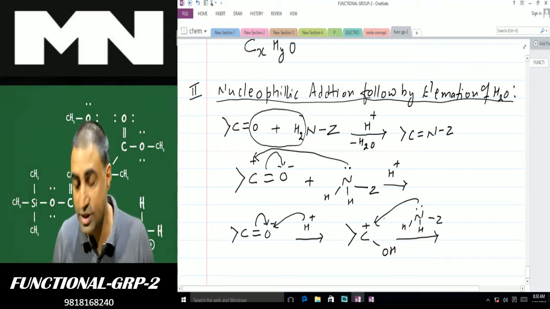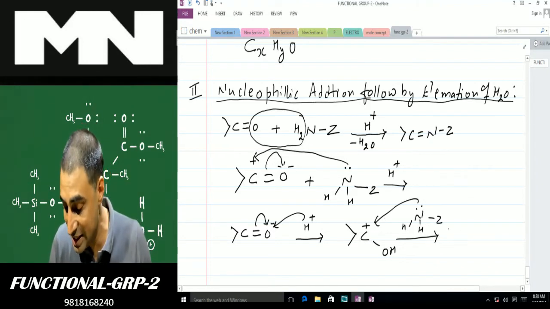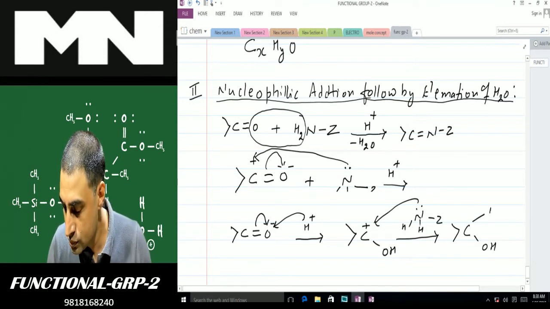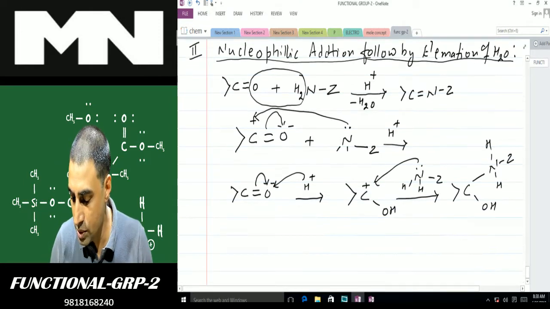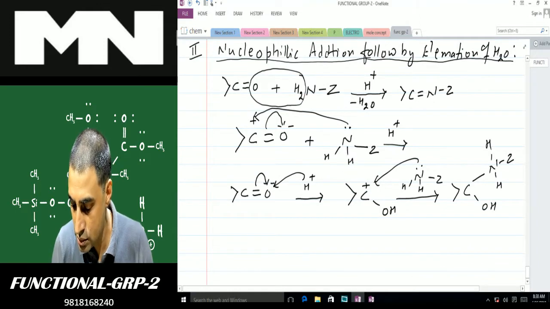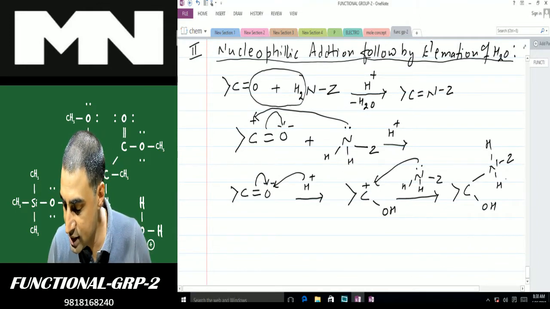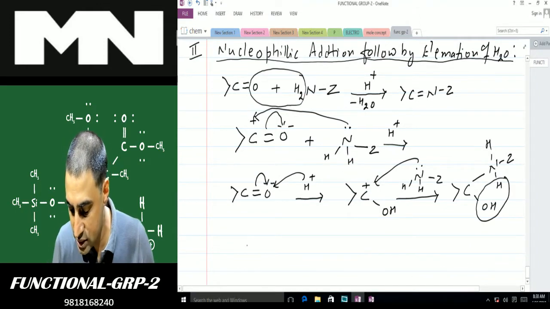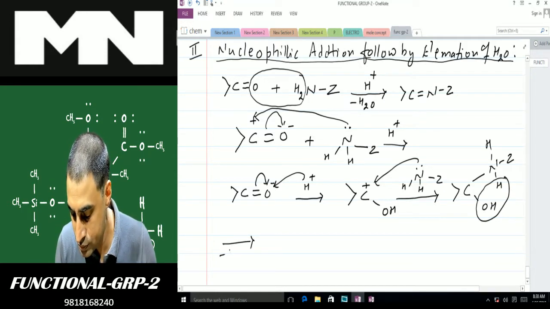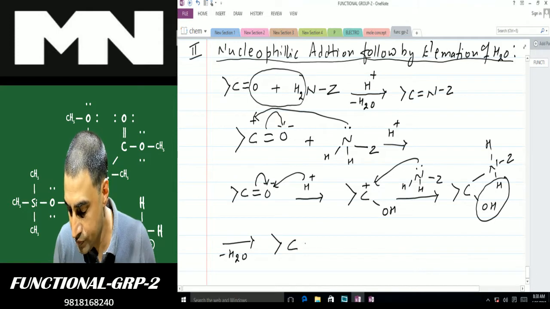So this nucleophile will attack easily and will form a compound like this. H and OH will come out as H2O. Then you will get a compound like this.